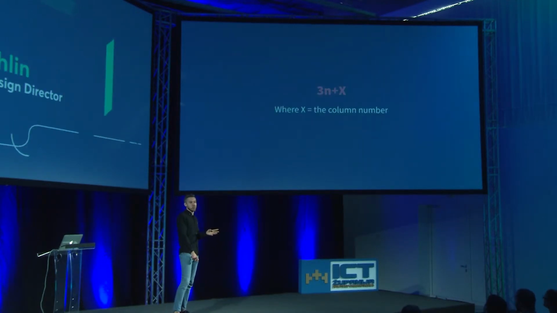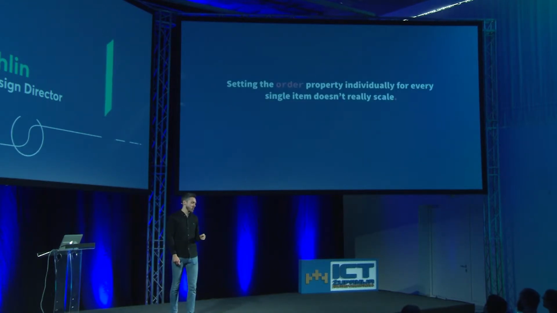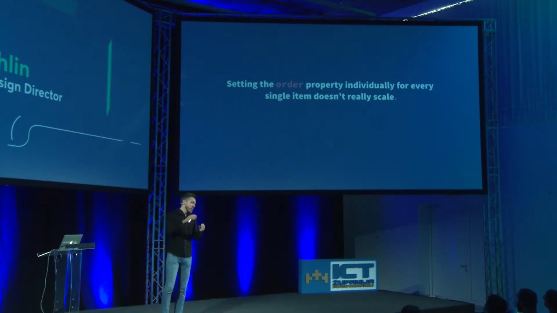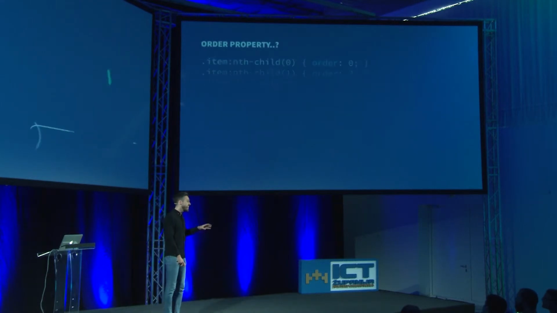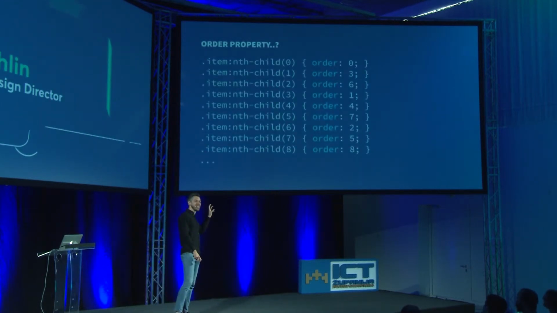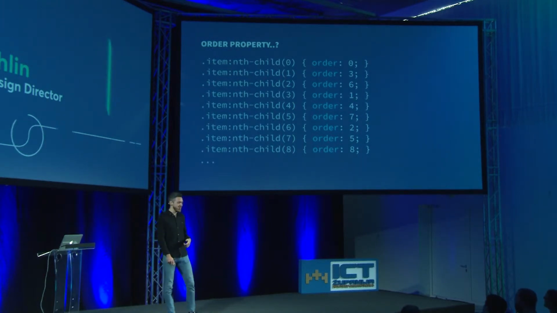Basically, 3 times (i minus 1) plus x, where x is the column that we're targeting. Now, setting the order property for every individual item doesn't really scale. It's not a great solution. This is really hard to parse. You will quickly outgrow this, of course, with more content items.